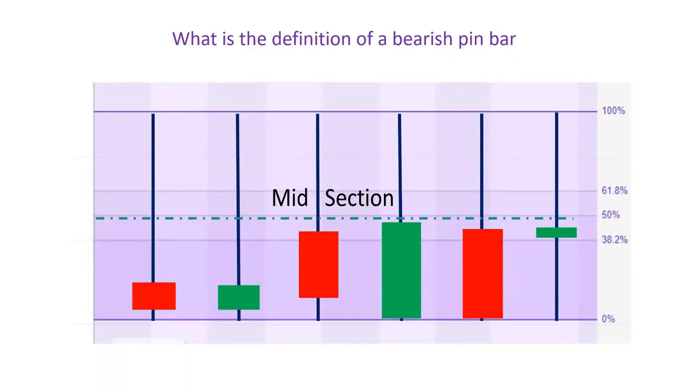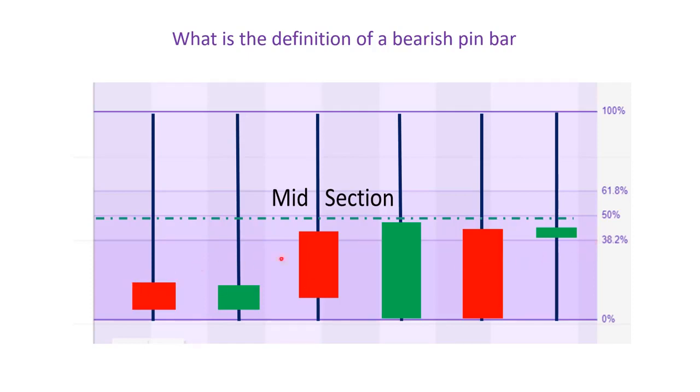Now put the 0 of the retracement tool on the lower shadow of this pin bar and put 100 on the upper shadow. Now if the body of any of these pin bars is below the 38.2%, then that pin bar is considered a shooting star, regardless of the color.